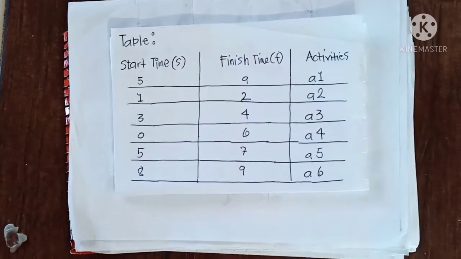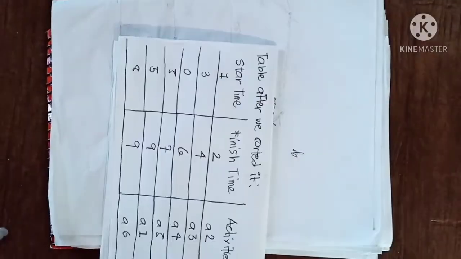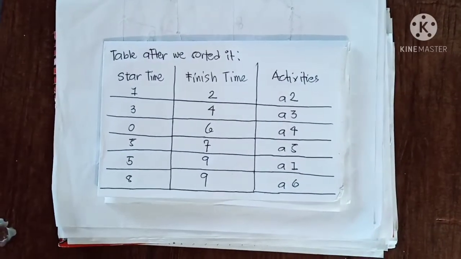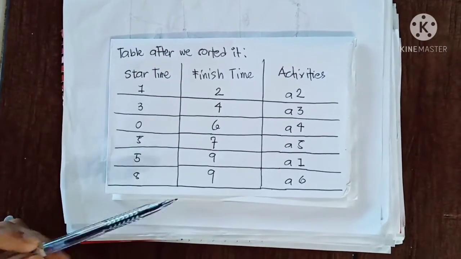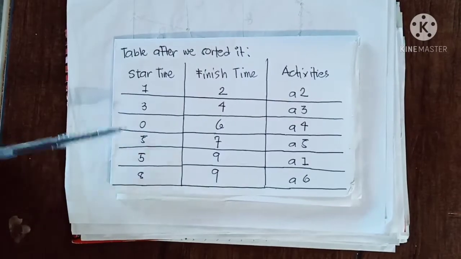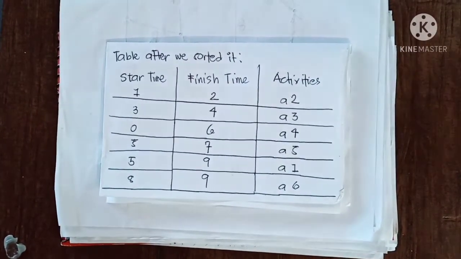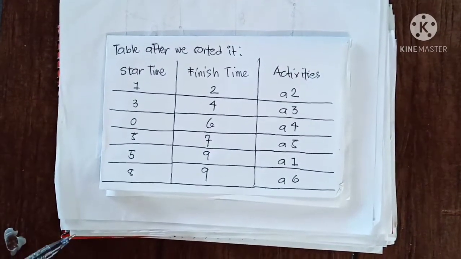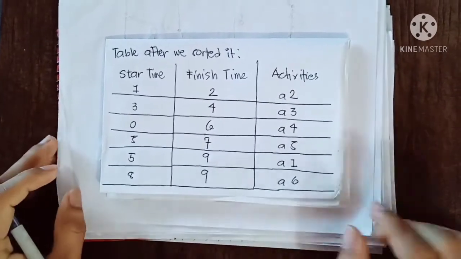The next step is you will have to sort it by the finish time. Then we will select the first activity from the sorted array. The first activity in the sorted array is activity 2, so we will add it to the solution.